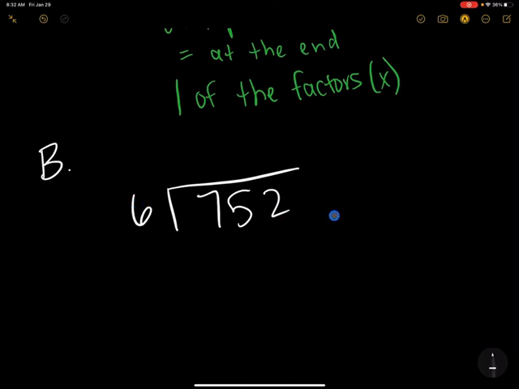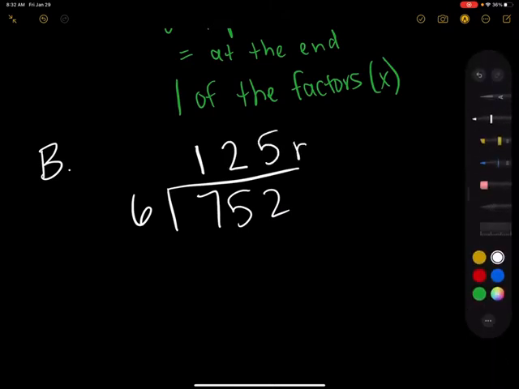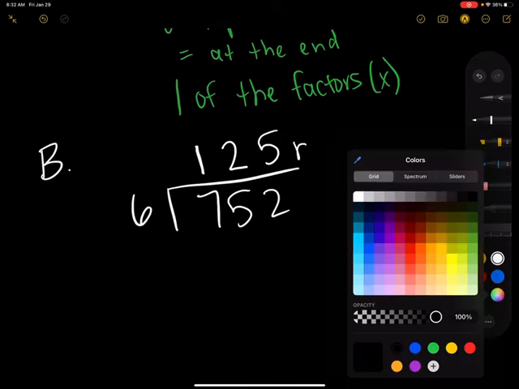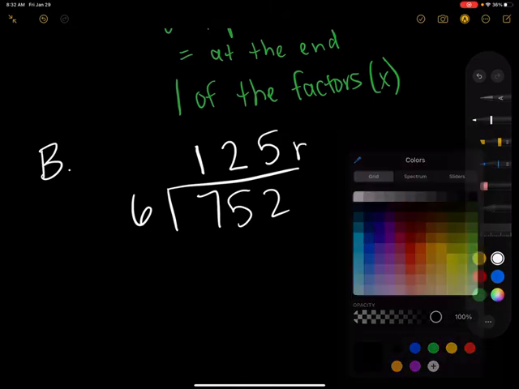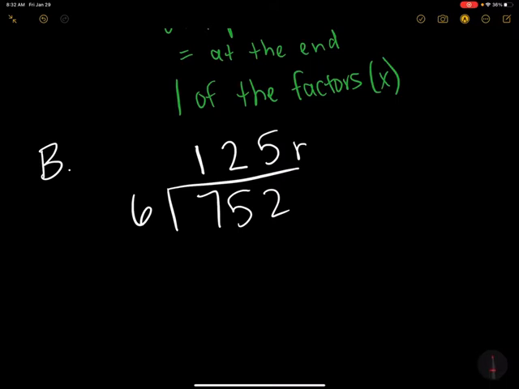And then we have most of what it equals. It equals 125 with a remainder of, and we do not know. We'll use red. We don't know our remainder.